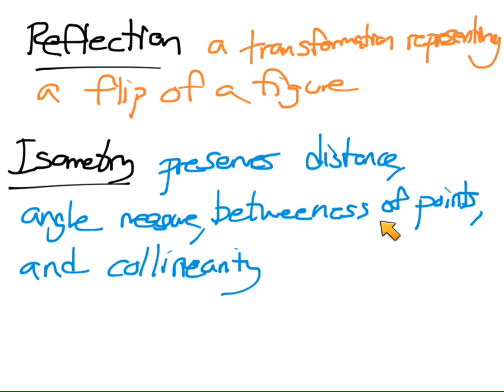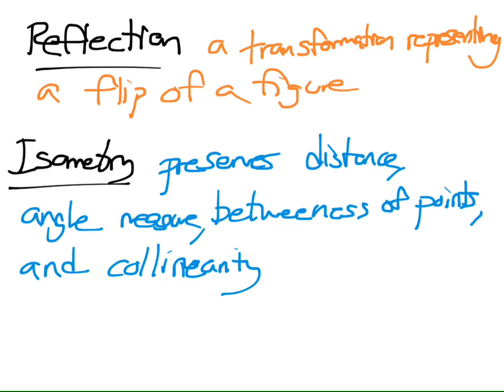Betweenness of points: if point B was between points A and C, after you flip it, it's still between points A and C. And collinearity: if 3 points were collinear, after you translate it, they're still collinear. So isometry means whatever you did to the figure, it preserved these things. Those things did not change. You just shifted the figure. They don't change the figure at all. They just moved it.